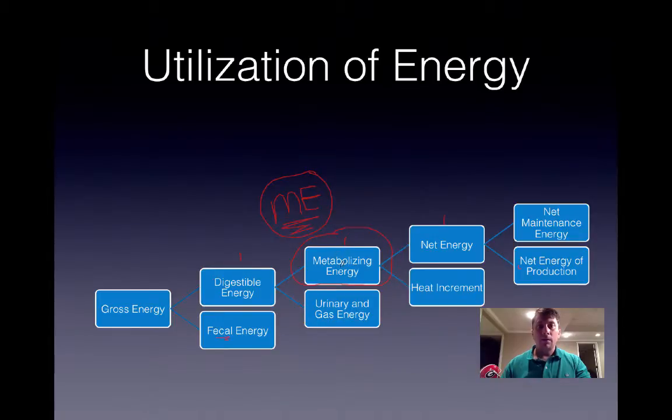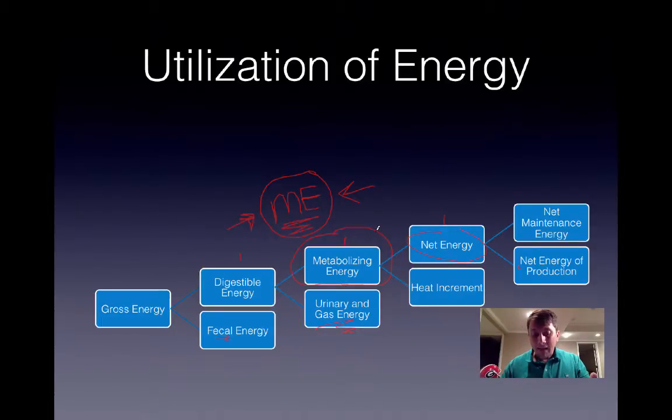This is the energy fraction of the gross energy that's not lost as fecal, urinary, or gaseous exchange. Again, this is the one you'll often see referenced. And it's a good proxy for the other forms of energy, and that includes net energy, which is the fraction available for both maintenance and production.